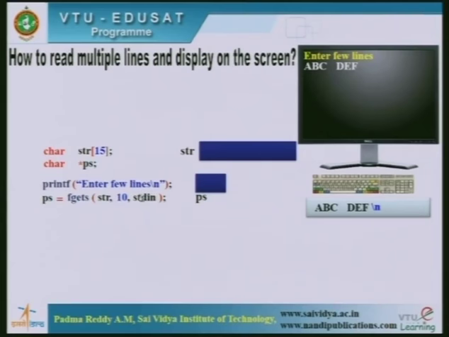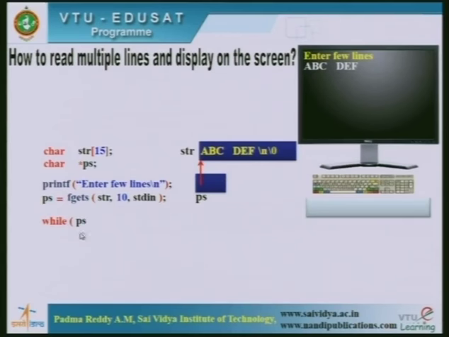From the standard input device, that is nothing but the keyboard buffer. So read this data and copy into str. The data is read from the keyboard and copied into str, and the function fgets returns a pointer to the beginning of this into which variable? ps.